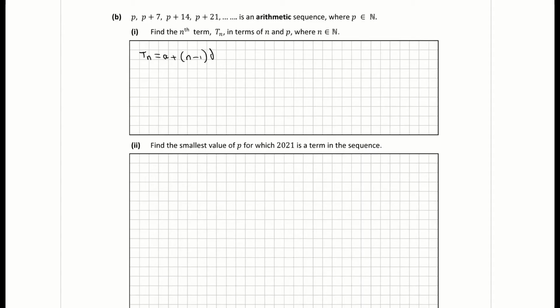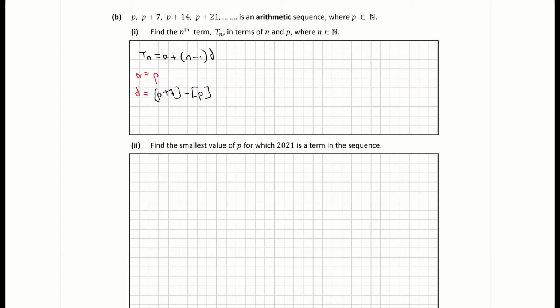From the above sequence, we know that our a is our first term, which is p, and our difference, well, just take any two consecutive terms. So I'm going to take term 2, and I'm going to subtract the previous term, term 1. It doesn't matter which two terms you take away as long as they're consecutive. So you can go term 3, take away term 2, term 5, take away term 4.